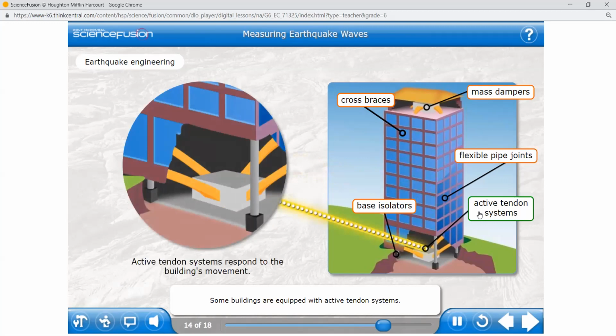Some buildings are equipped with active tendon systems. When computerized sensors detect that a building is moving, the computer counteracts the movement by shifting a large weight. These systems can be used to prevent damage from high winds as well as from earthquakes.